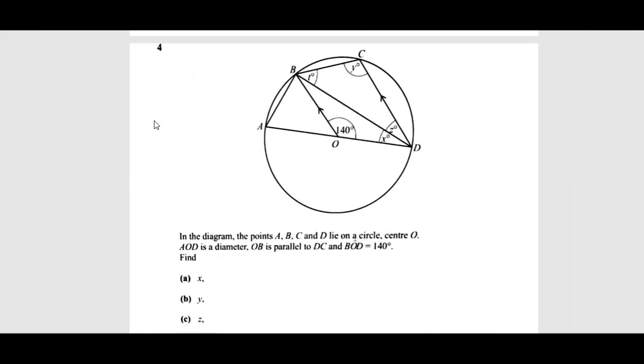Now, first thing is always remember, whenever you have been told that two lines are parallel, if not this, then this, that you have arrows, right? You should know that they are parallel. Always extend these two lines and then you would get a better idea about it. So I'll extend this line. So this is the line OB and this one is DC.